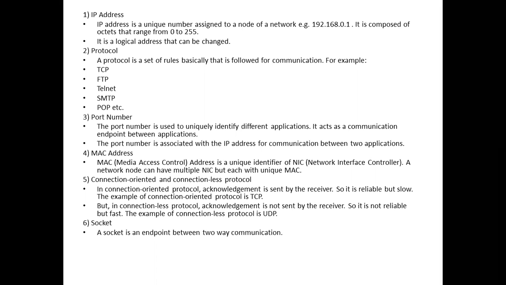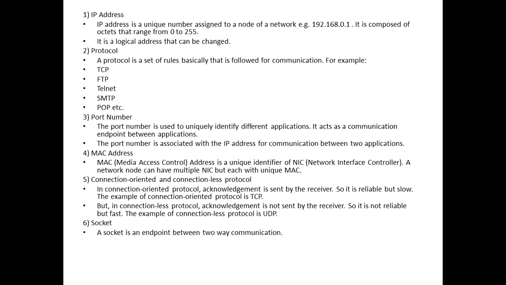The port number is associated with the IP address for communication between two applications. So why do we require this port number? For the communication between two applications. You must remember this difference: the IP address is assigned to a particular node of a network, and the port number is assigned to a different application in a system.